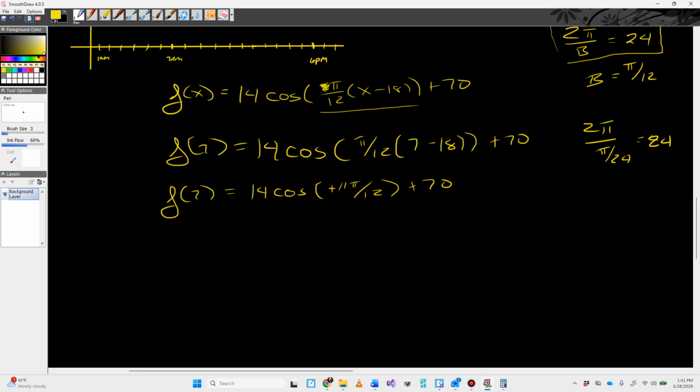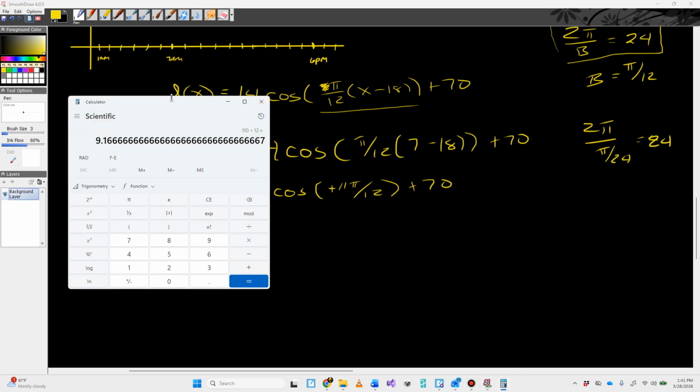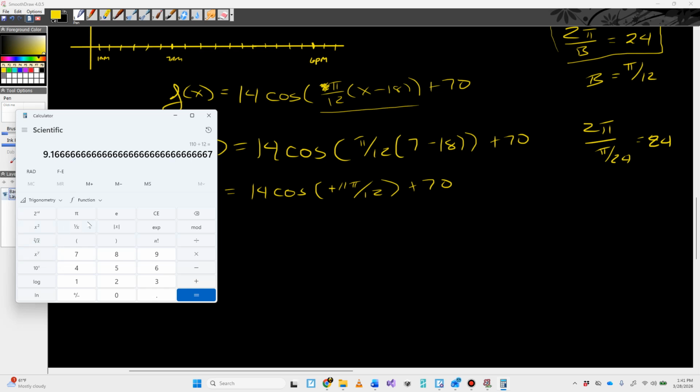Now I'm going to take cosine of 11 pi over 12. So I'm going to take 11, multiply it by pi, divide by 12, and take the cosine value of that. That's negative 0.96. I'm going to multiply that by 14, and I'm going to add 70.